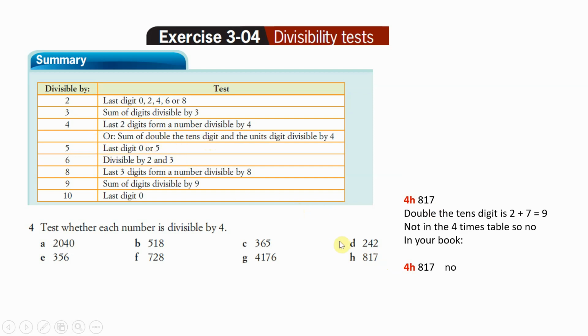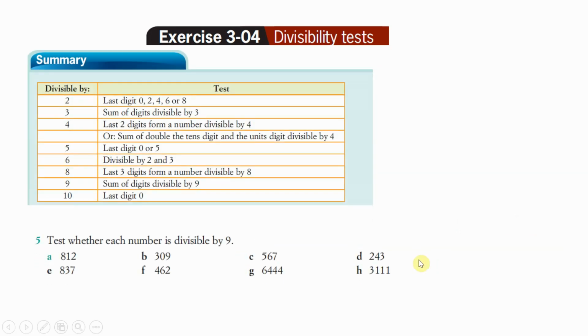Sum of double the tens digit. Double the tens digit is times 2, so 1 times 2 is 2, plus the last digit, which is 7. 2 plus 7 is 9. That number is not on the 4 times table, so no, you cannot divide this number by 4.